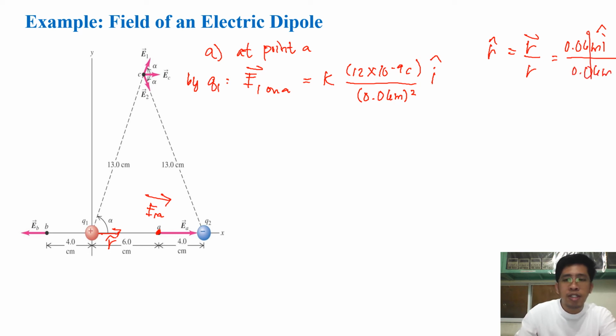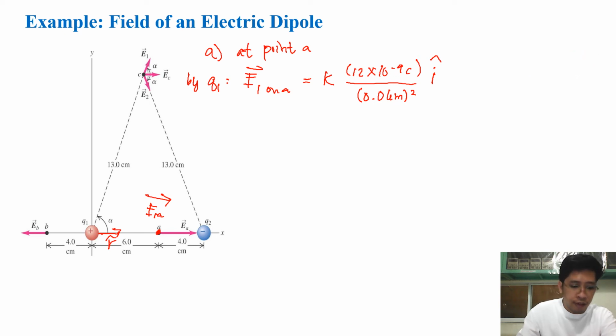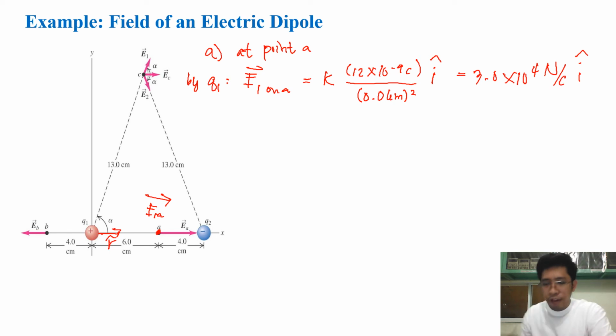So you're just left with R hat equal to I hat. So you can solve that one. Your electric field caused by Q1 on A is equal to 3.0 times 10 to the 4 newtons per coulomb I hat. You can verify that one using your calculators.